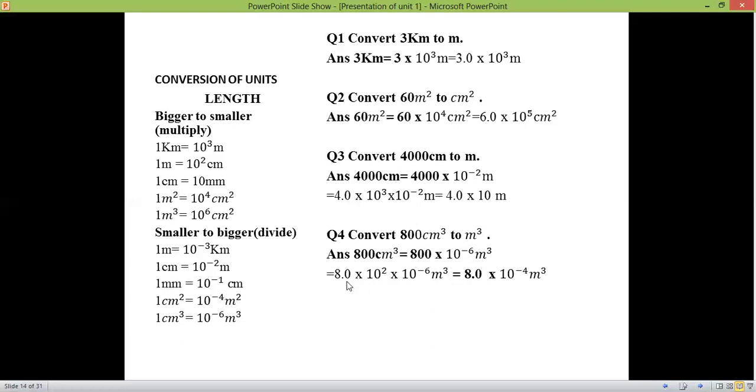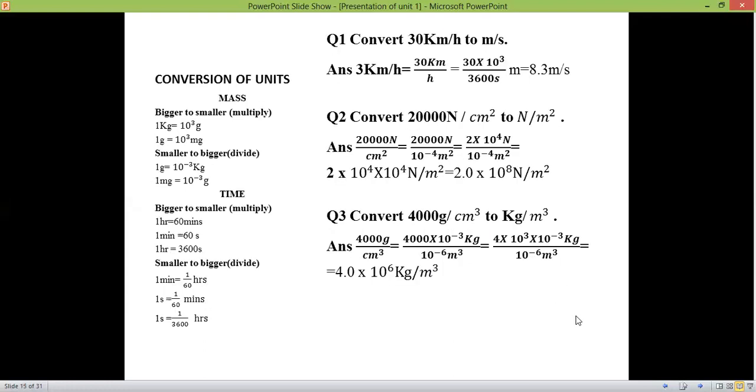Now 800 can be written as 8.0 into 10 to the power 2, and centimeter cube has been replaced by 10 to the power minus 6 meter cube. Total power of 10 becomes minus 4. Minus 6 plus 2 becomes minus 4. So the final answer is 8.0 into 10 to the power minus 4 meter cube.